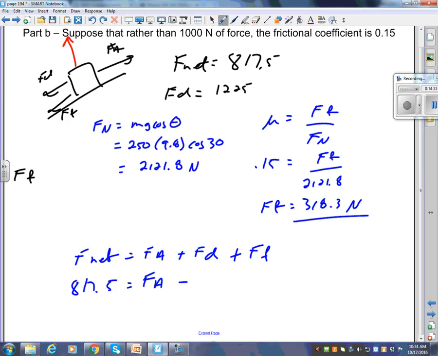FD was minus 1225 and FF is now minus 318.3. This time I get 2360.8 newtons. 2360.8.